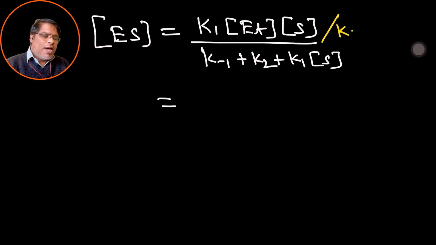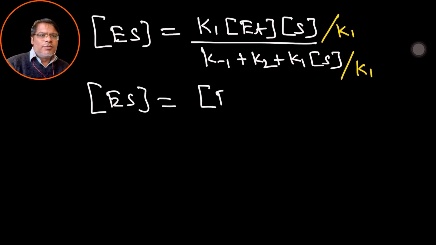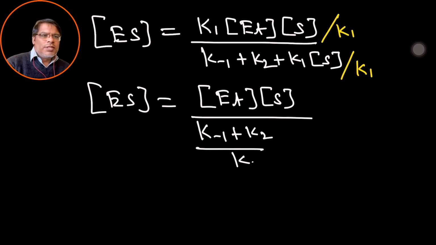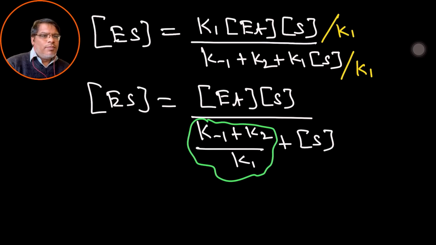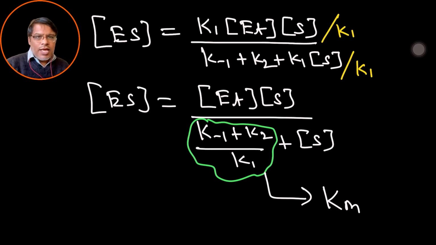If you solve this, your enzyme substrate complex concentration will be E_T times the substrate concentration, divided by K minus 1 plus K2 divided by K1, plus the substrate concentration, because in the other term K1 gets cancelled. Now here, in green color, you see K minus 1 plus K2 divided by K1. This is your Michaelis Menten constant, known as the Km value.